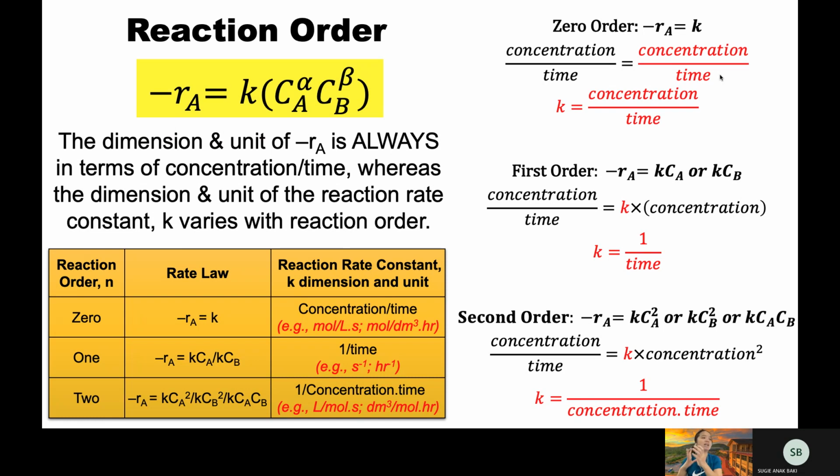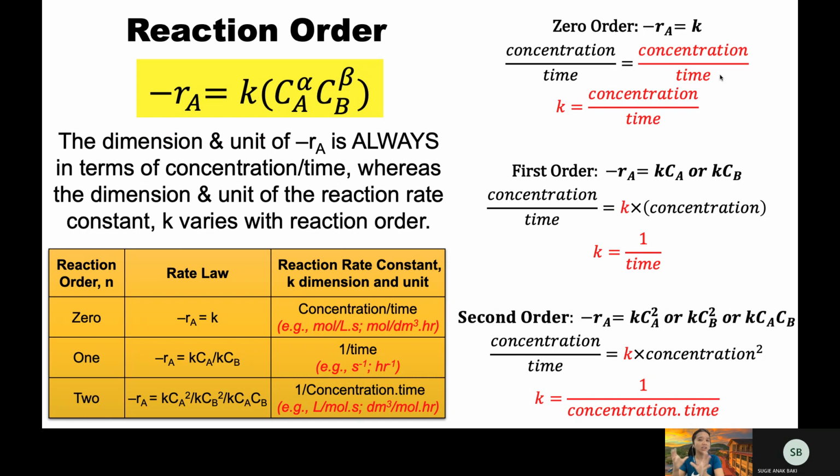So means, katakan if you see why this is important is katakanlah you look from literature. The literature says, okay, the value of K is 4 mole per dm cube second. Okay, so you know mole per dm cube tu concentration, second to time. So dimension K tu concentration per time.